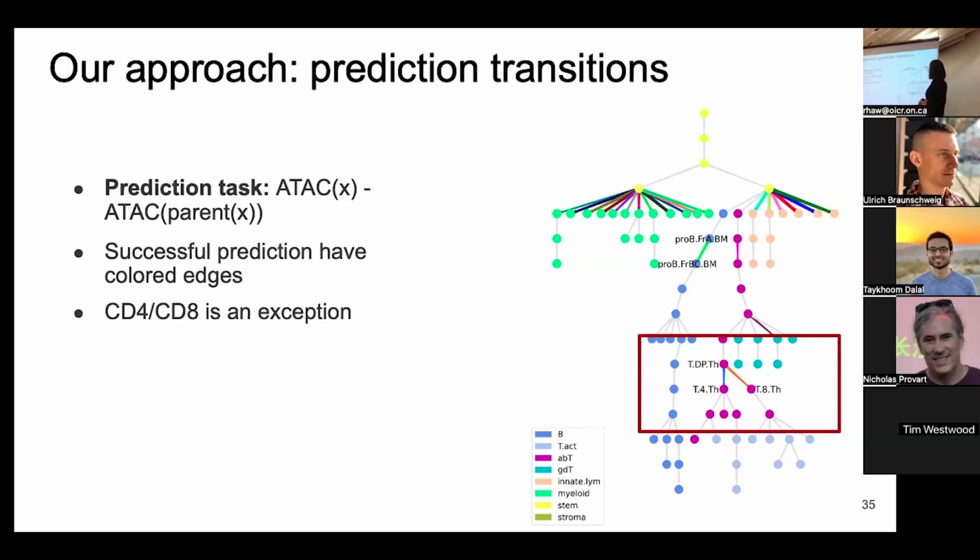A lot of these are just activation. Generally we can predict activation fairly well. But we did have one exception, which is the split going from double positive to CD4 and CD8. These are CD4 and CD8 naive T cells.